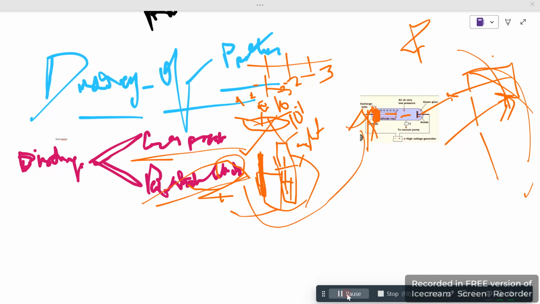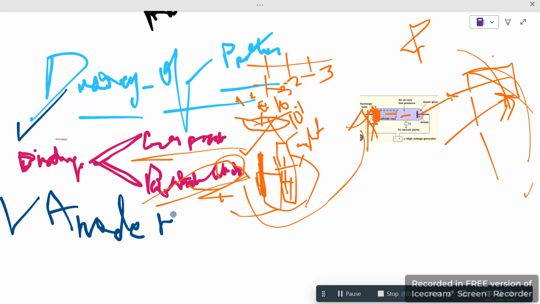In the discovery of the electron, we called them cathode rays, but here these will be anode rays. What does this mean?